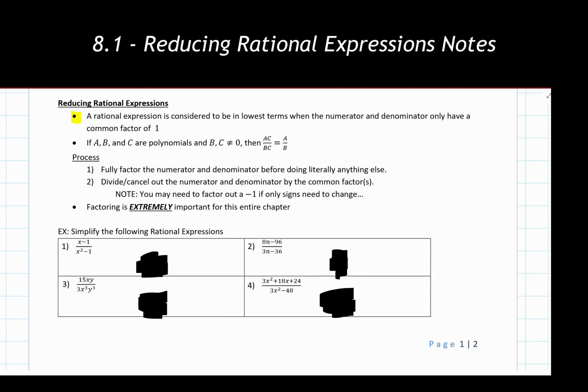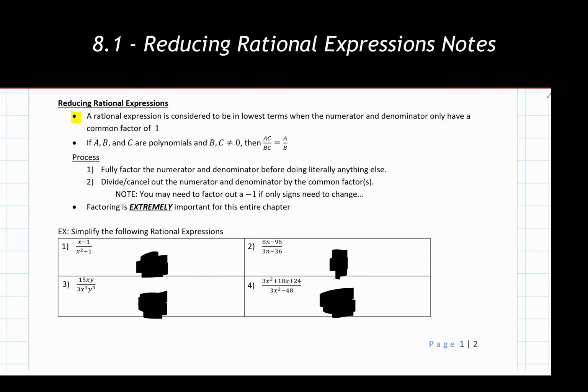And remember, by our definition, with a regular fraction, it still applies here, a rational expression is considered to be in lowest terms when the numerator and denominator only have a common factor of 1, meaning there's nothing I can factor and divide with the numerator and the denominator.